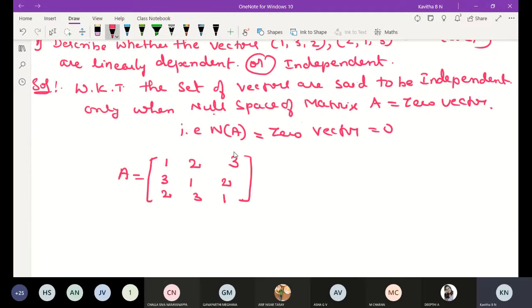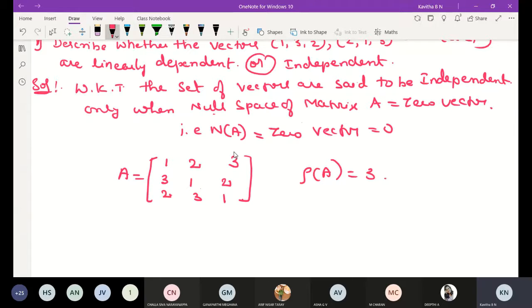Here, observe the rank of the matrix is 3 only. The rank of the matrix is the number of non-zero rows. Here 3 rows are non-zero rows, so rank of A is equal to 3.